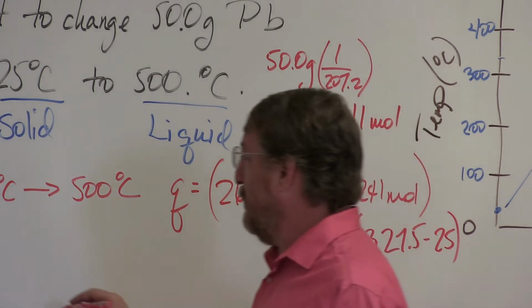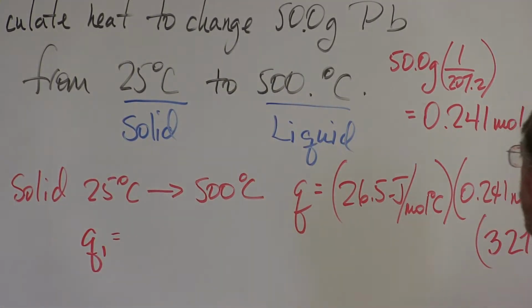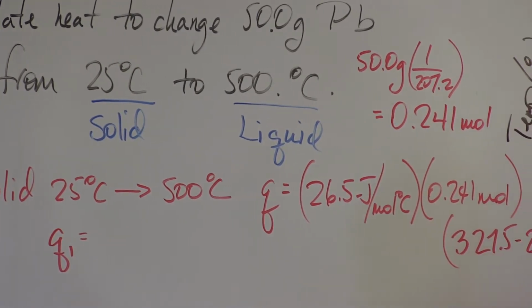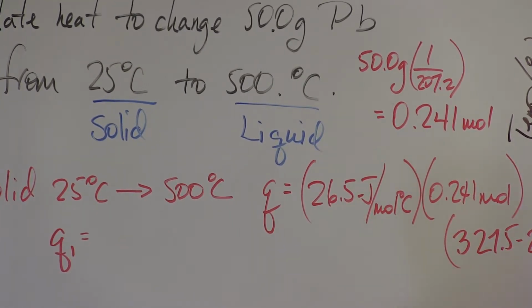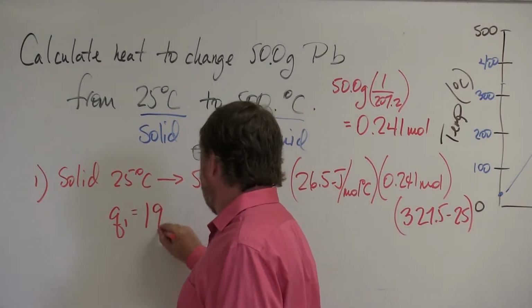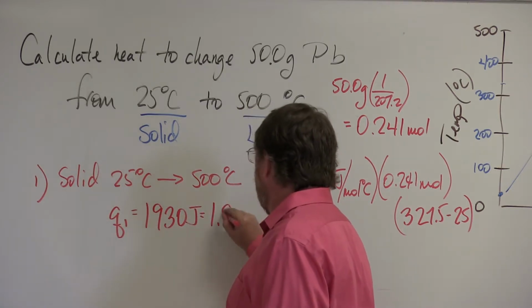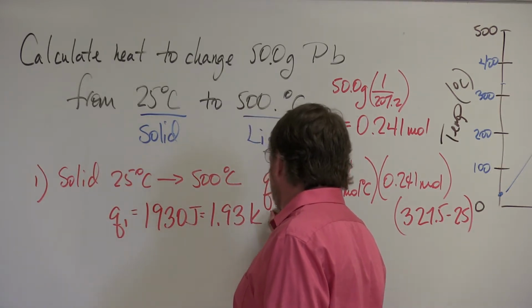Plug that into our calculator, and the first Q, we'll call it Q1, equals 26.5 times 0.241 times this difference, which is 302.5, is going to give me 1,930 joules, which I'm going to convert into kilojoules, 1.93 kilojoules.